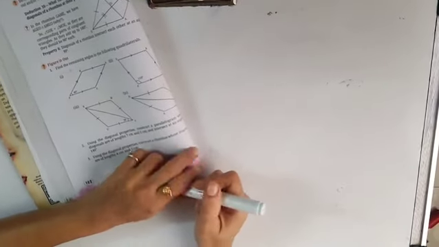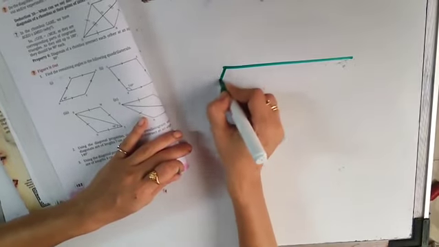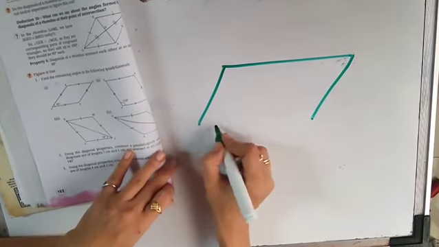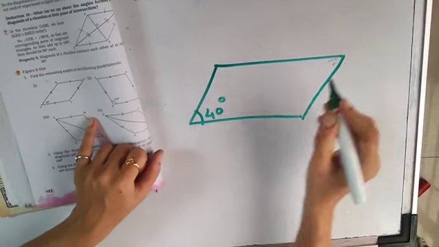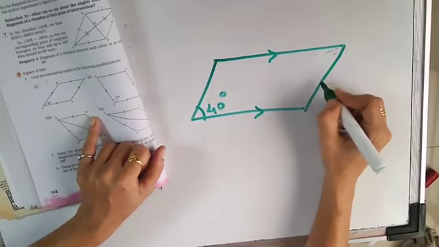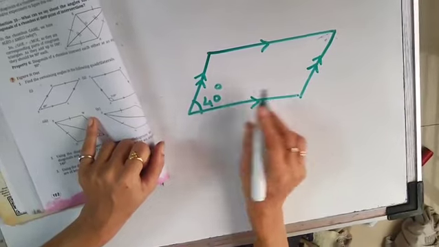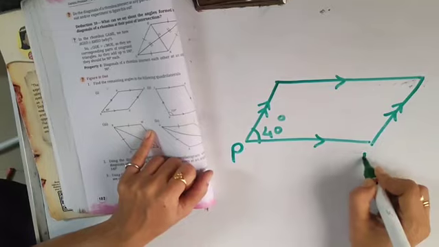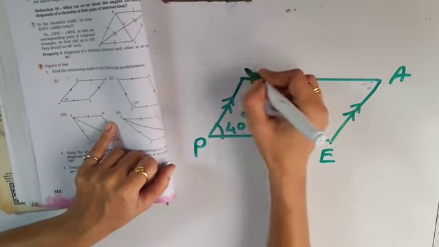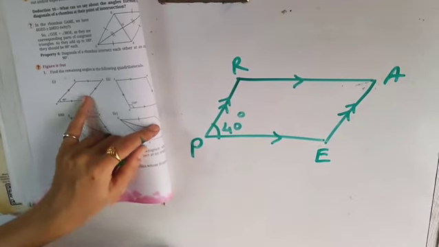See here, this is one pair, this is the second pair of parallel sides, and one angle is 40 degrees. So in this parallelogram, this angle is 40 degrees. This is one pair of parallel sides, this is the second pair, and the name is PEAR, PR. This is the name of the quadrilateral.